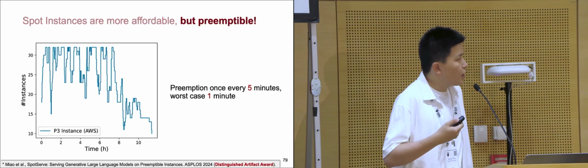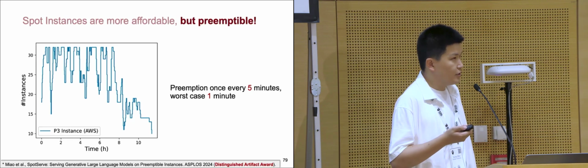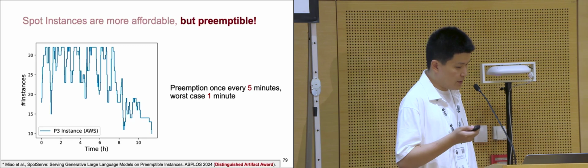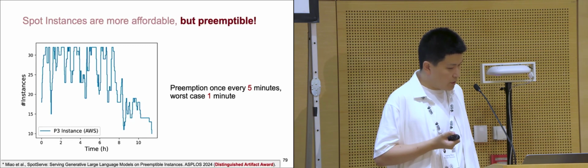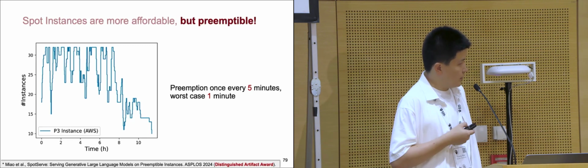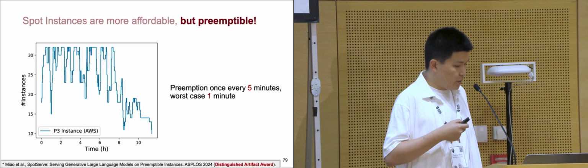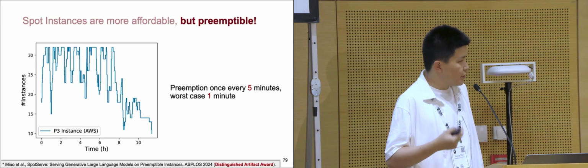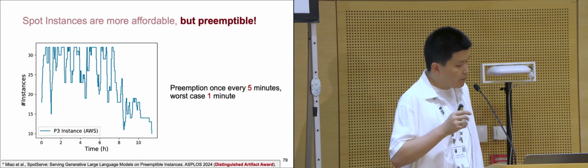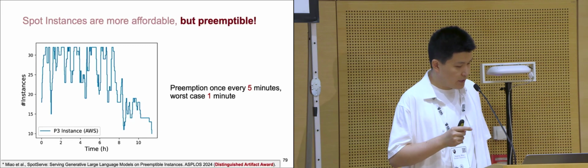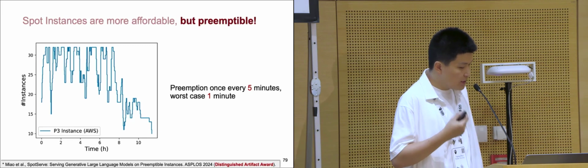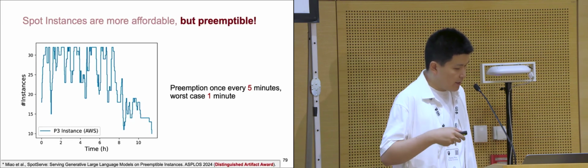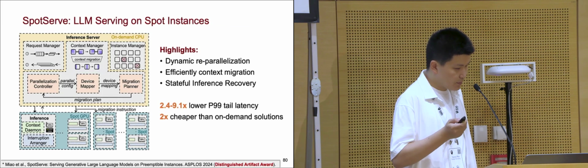But most people are using these cloud GPUs by using on-demand instances. An alternative solution here is called spot instance. For example, AWS, Azure, and Google Cloud all provide spot GPU instances, which can be at most 10 times cheaper than on-demand instances.